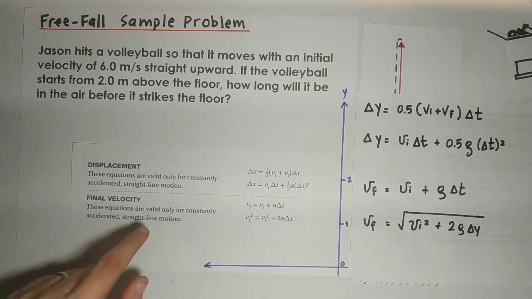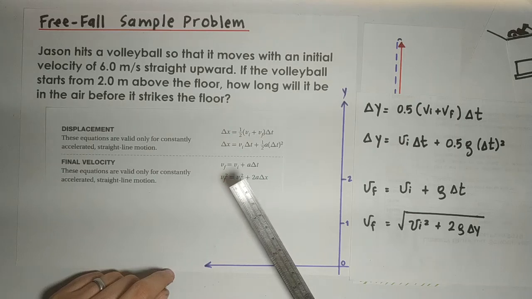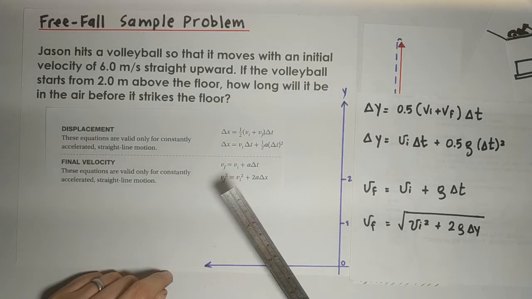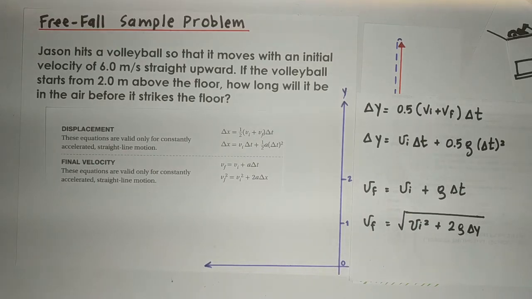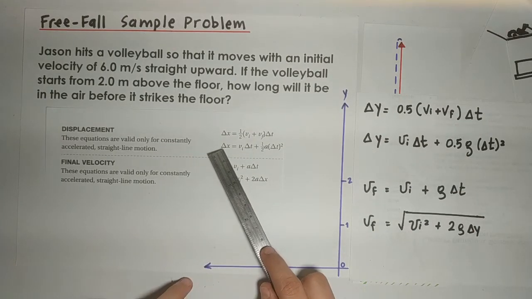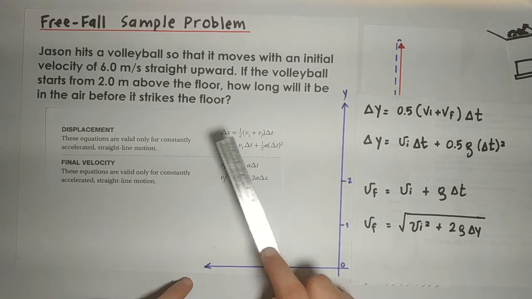Here we have some equations that you are already used to for the problems that we have been solving. Now, for free fall problems, we're gonna do a few changes. As we're just moving in the y-axis, our displacement will be in the y-axis. That's why here we have delta y instead of delta x.